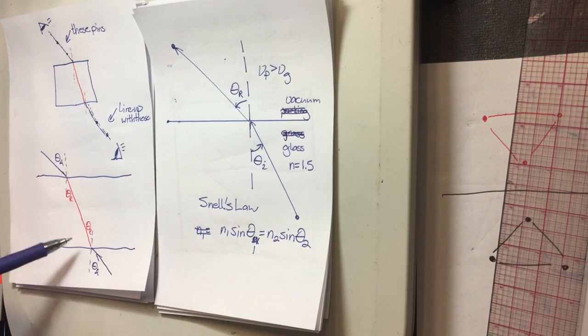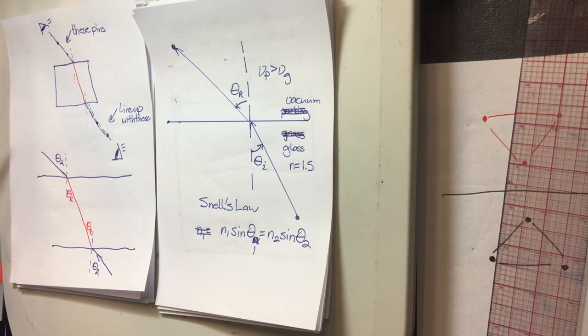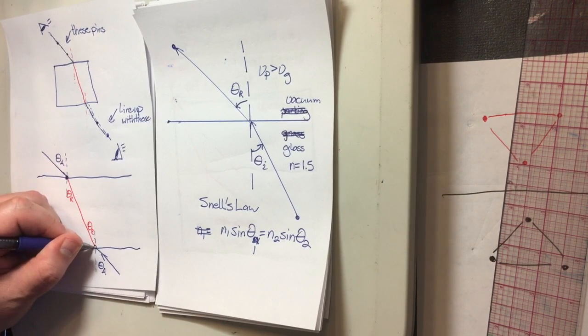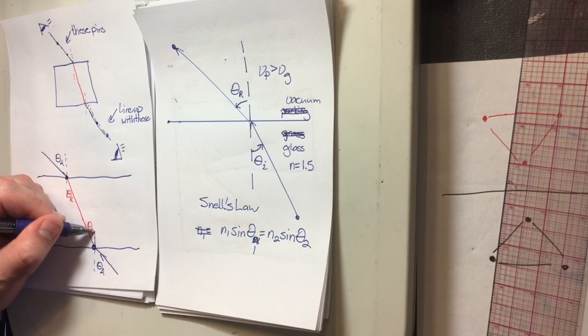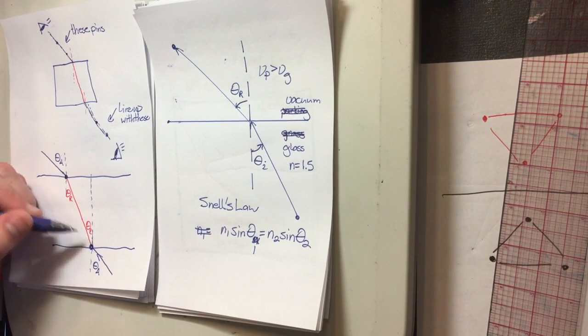The light comes in and it refracts inward due to Snell's law, and then it goes back out doing its own thing as originally. So these theta A's and theta R's are the same.